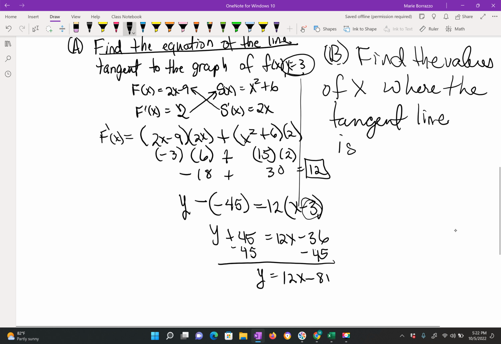If it's horizontal, what does that tell you about the slope? There's no slope. Well, 0, right?